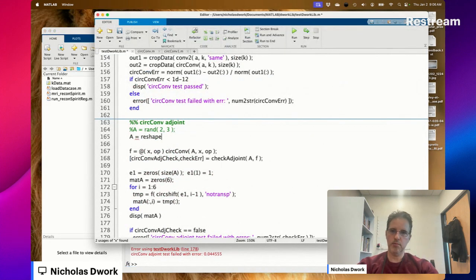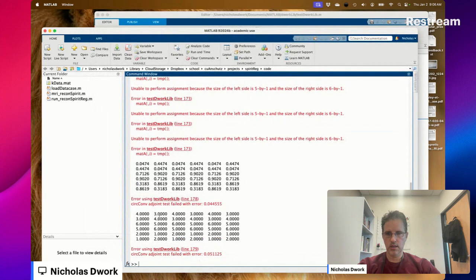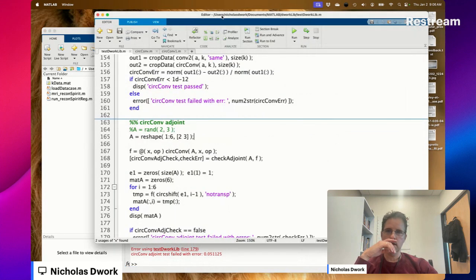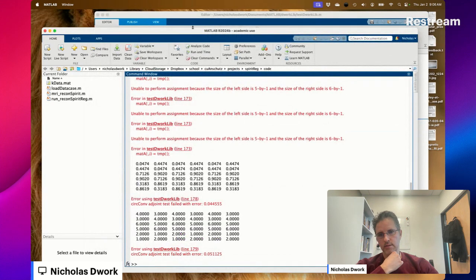Equals reshape 1 to 6, 2, 3. I don't know if that's right or not. I have no way of knowing.